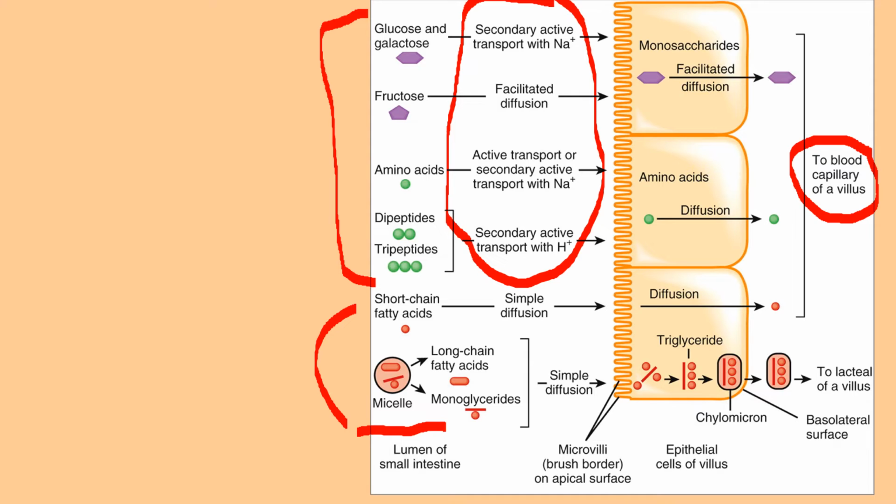And so inside that micelle, we find fatty acids and monoglycerides. Remember, these used to be triglycerides, but they were chemically digested by lipase. And every time that micelle bumps into this apical cell surface, these small fat-soluble things, zoop, go through simple diffusion as they cross that plasma membrane.